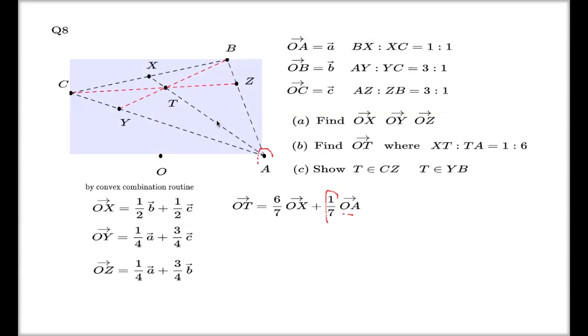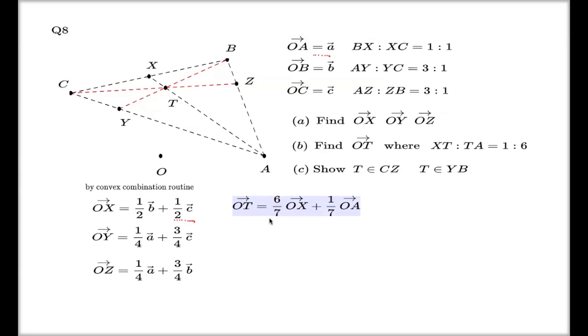The reason is that we have 6 parts here and 1 part here. The more parts we have on this side, the more this side will contribute to the convex combination. Of course, we need to find the expression for this in terms of little a, little b, and little c. So I need to substitute the expressions I have for OX and OA.